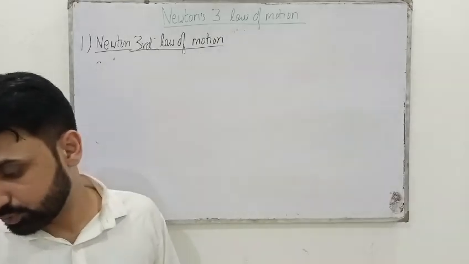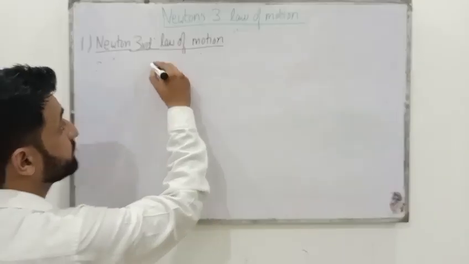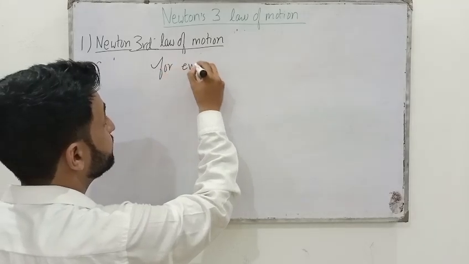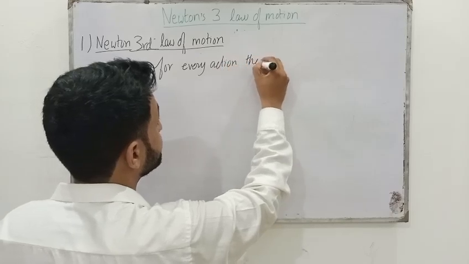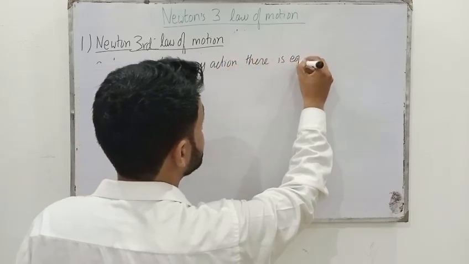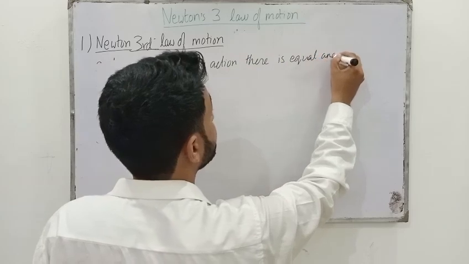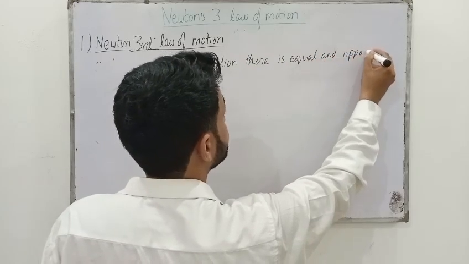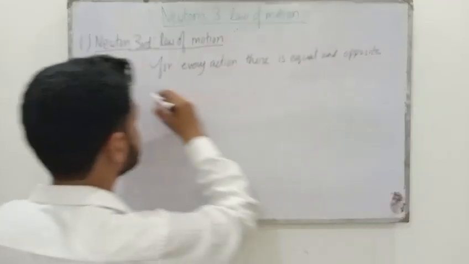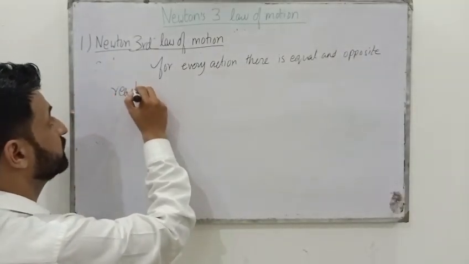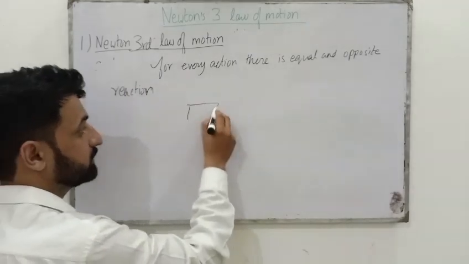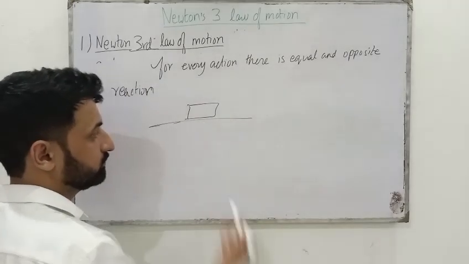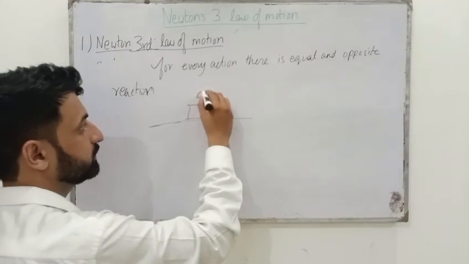In this law, for every action, there is an equal and opposite reaction. I will give you this example: this is a box of 5 kg.